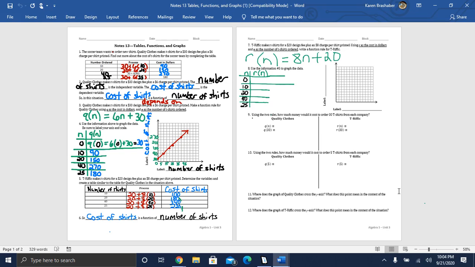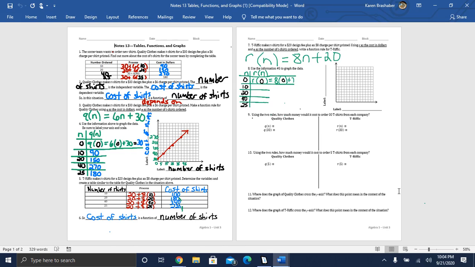So in our table, it would be nice to, again, look at what happens with a 0. So we'll plug in 0 for the N, and that would be read as R of 0. So R of 0 would equal, and then for our new rule, we have 8 times, and we would plug in the 0 for the N, and then add 20.